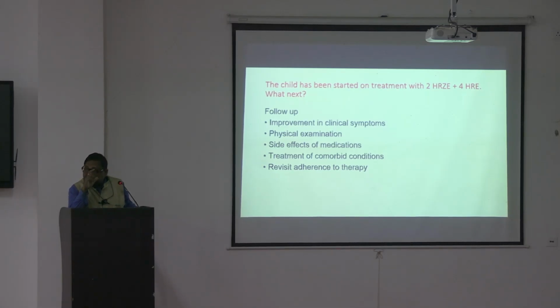Suppose the child is still symptomatic in spite of 2 months of treatment in the intensive phase, and there is no setting for drug resistance, like contact with a relapse, or contact with some drug failure. If there is no setting for drug resistance, we can extend the intensive phase by 1 more month.